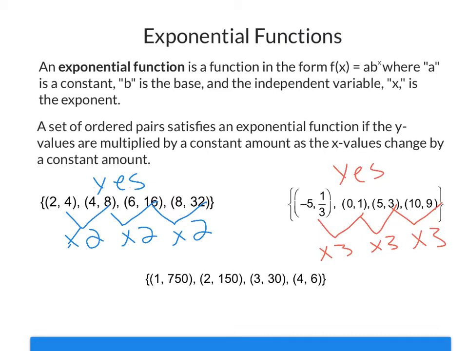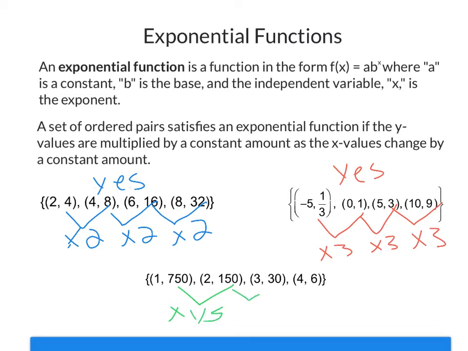And looking at the last example here, my x values are 1, 2, 3, and 4. They are all going up by a constant amount each time. They're all increasing by 1. So now I look at my y values, 750, 150, 30, and 6. To get from 750 to 150, I multiply by 1/5.